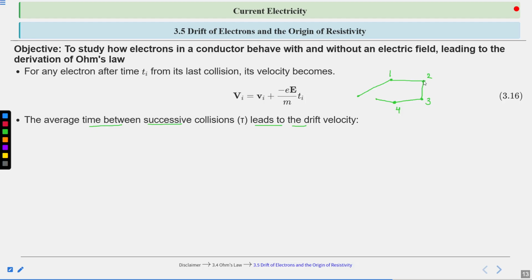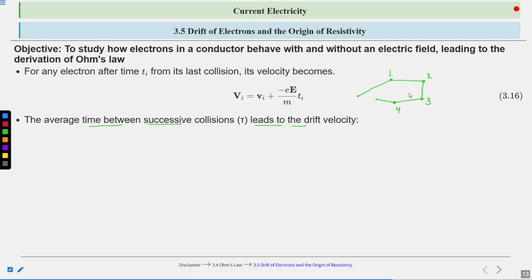This is the path covered between 2 and 3. Now you can see the path covered between collisions 1 and 2 will be more than the path covered between 2 and the third collision.